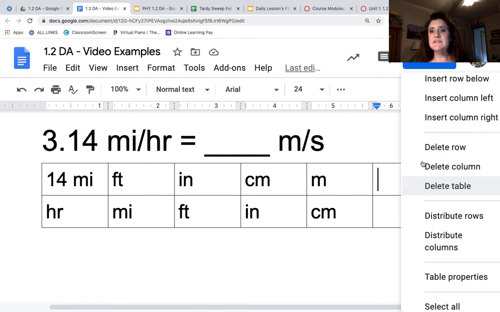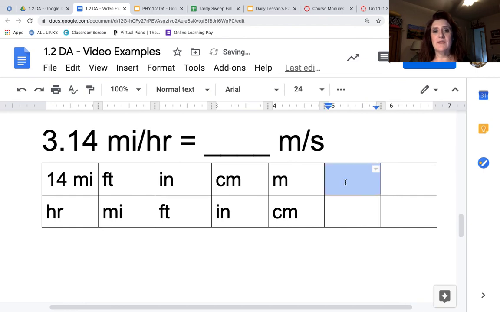Then I actually need to insert another column, because now I have to go all the way back to the left, to the beginning, and get hours. And it's on the bottom now, so I put it on the top to get rid of it, to cross it out. Hours turns into minutes, and minutes turns into seconds. That's the unit relationships.